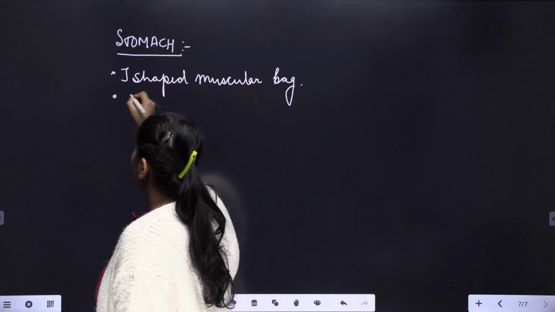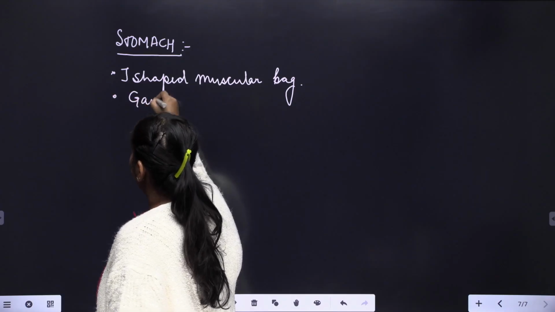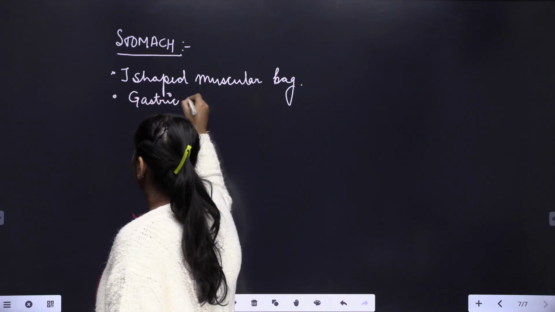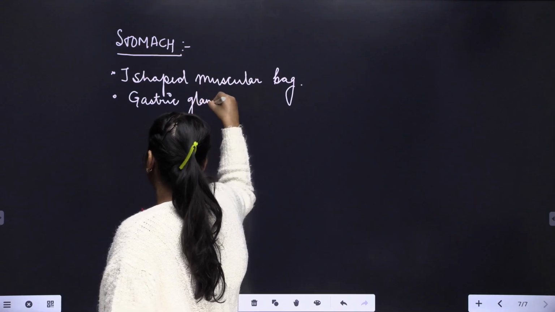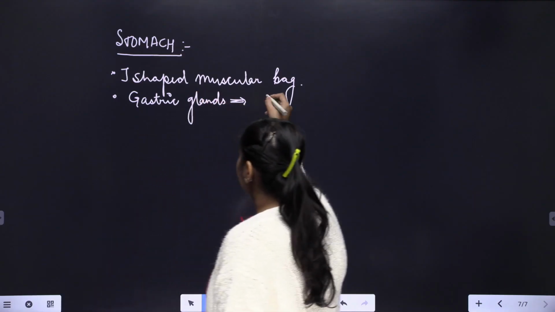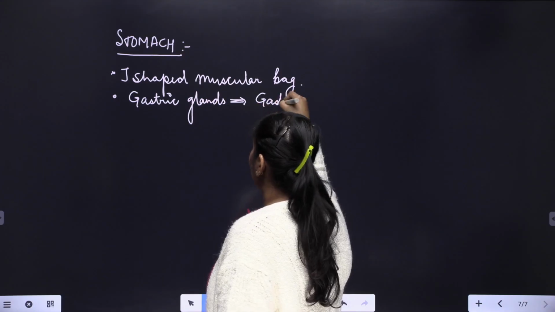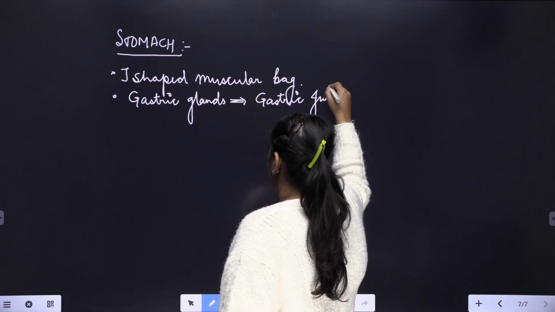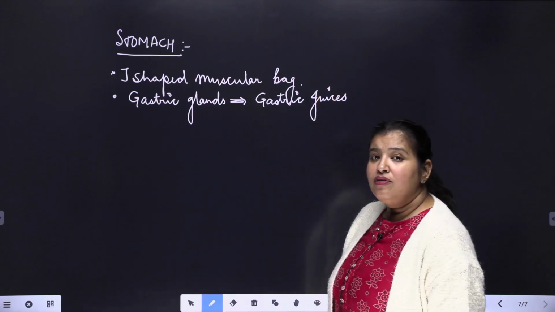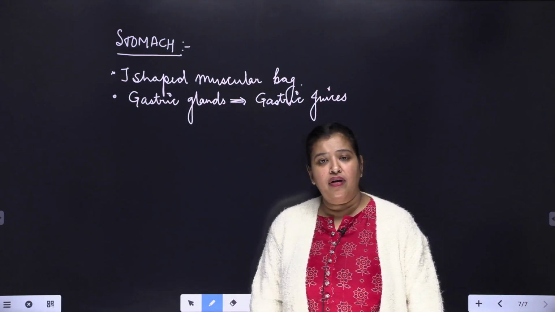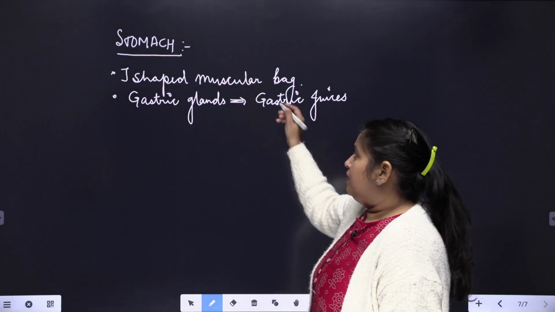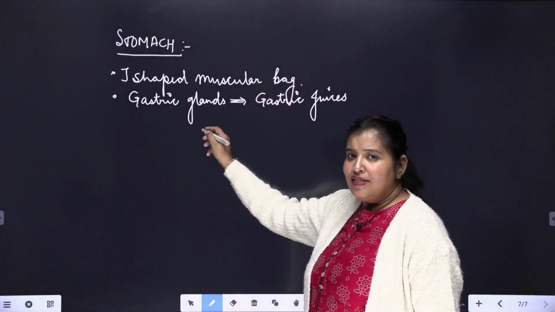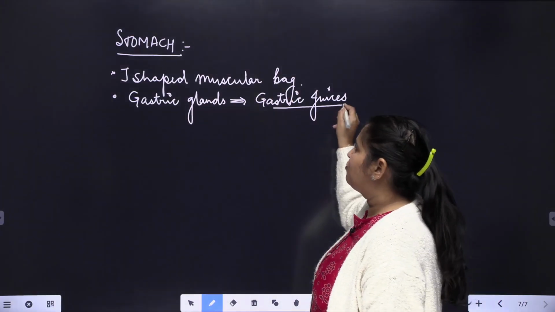It has a lining of the gastric glands. The gastric glands are responsible for secretion of the gastric juices. Okay, so stomach is a J-shaped muscular organ lined by gastric glands internally, which secretes the gastric juices.